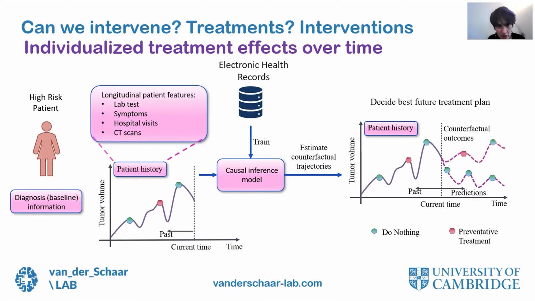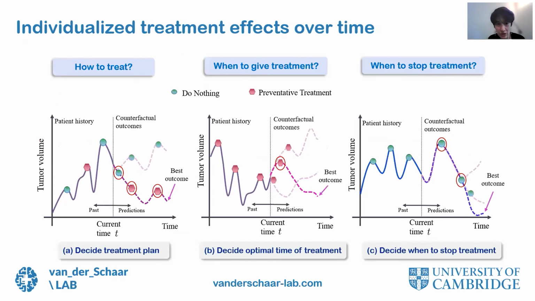So this is where machine learning can be trained on the basis of observational data, such as electronic health records and many other sources of information. And we can detect whether a particular treatment, for instance, a preventative treatment, would be better than doing nothing. Will this reduce risks? So the question is, should we treat a particular patient to reduce their risks? When to give treatment and when to stop treatment?